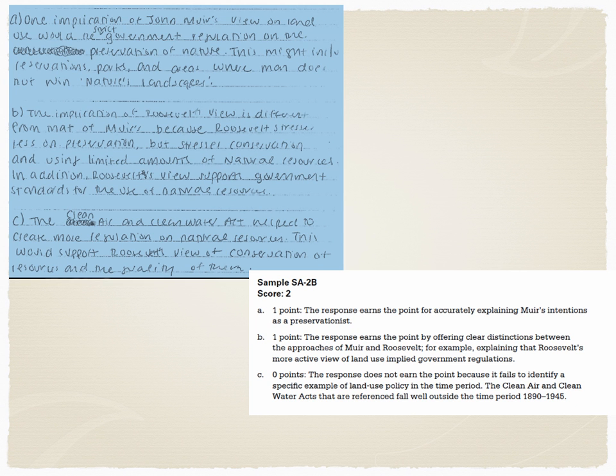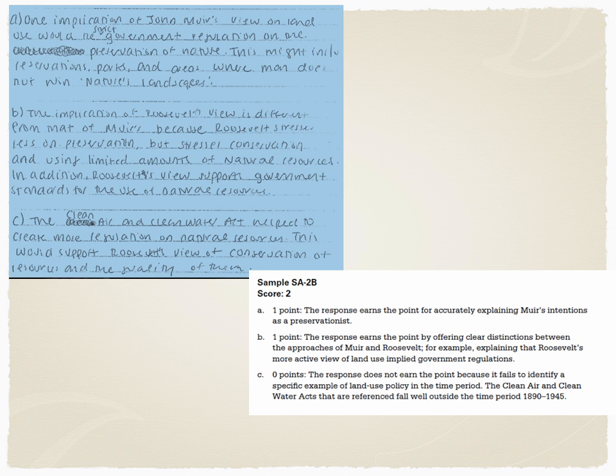This is a score of 2 from this sample. The student earned the first point by accurately explaining Muir's intentions as being a preserver of nature. Part B, also the student earned the point because the student made the distinction that Roosevelt was more of a conservationist and not a preservationist, and he wanted to use some of those resources for the good of business and for people.